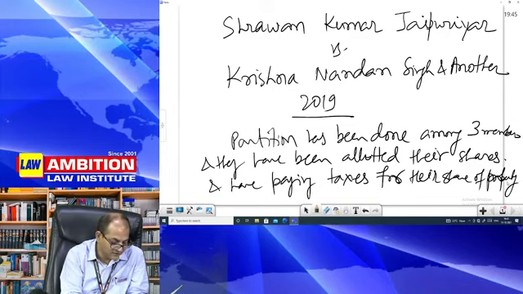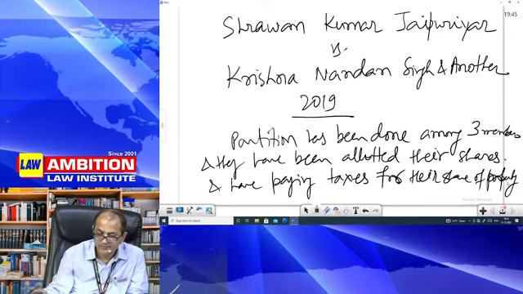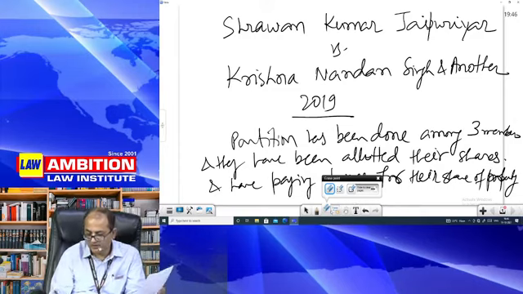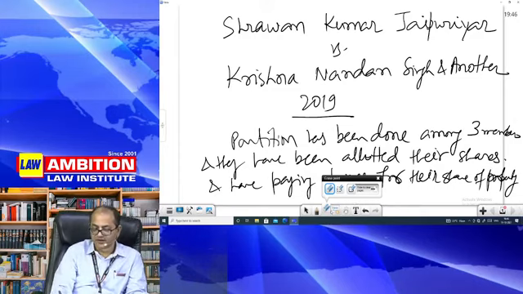The grievance and cause of action in the suit is that one of them had sold his portion to another party. What are the facts? Is this clear? Partition has been done among three members and they have been allotted their shares and have been paying taxes for their share of property. Is this clear?